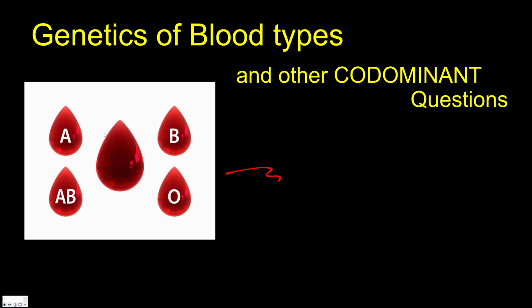Just as a recap about our blood types, there are 4 blood types in humans: type A, B, O, and AB. The key thing about these blood types is that whenever you get type A blood, that means you have the A gene and it's a dominant trait. When you have the B one, it means you have the B gene, which is your dominant one.